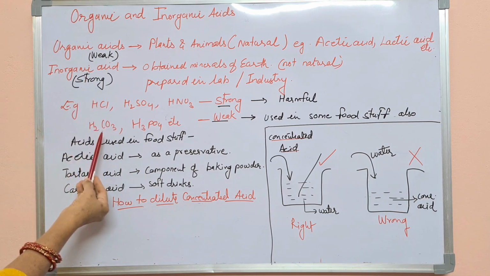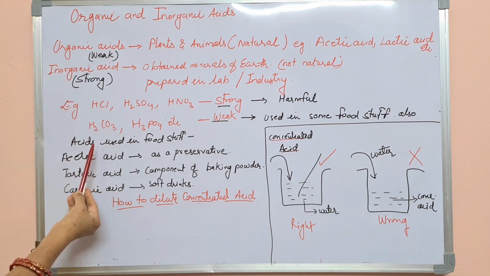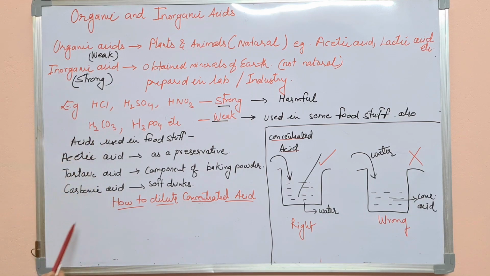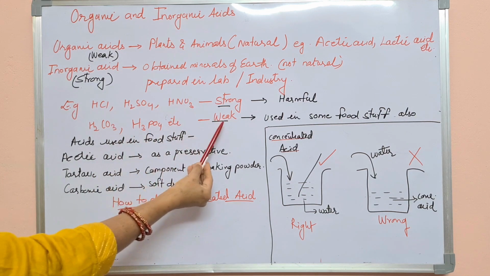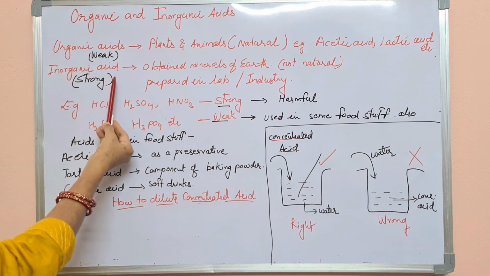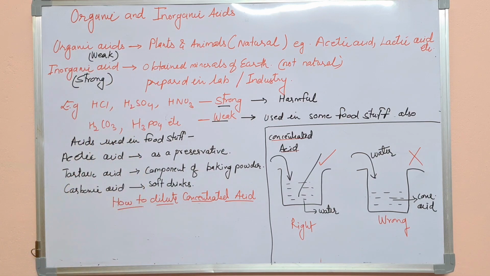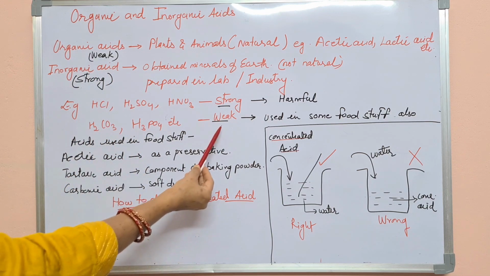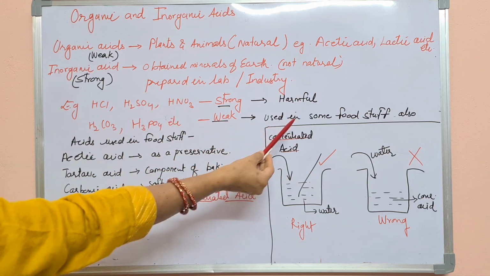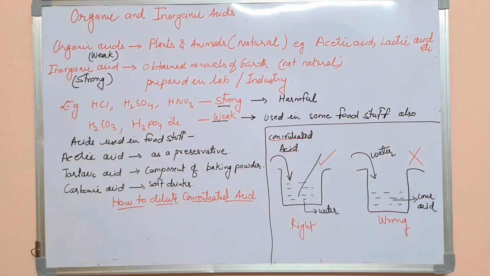Among inorganic acids, carbonic acid, H2CO3, and phosphoric acid, H3PO4, etc. are weak. So weak acids are also present among the inorganic acids, and some of them are used in foodstuffs because they are not harmful.